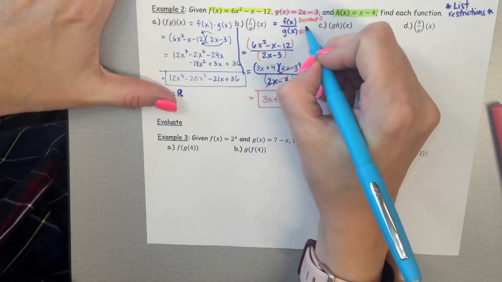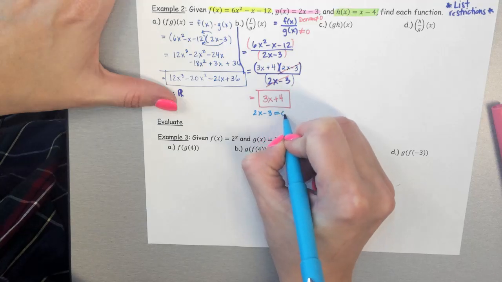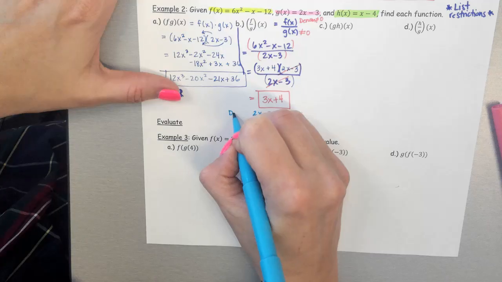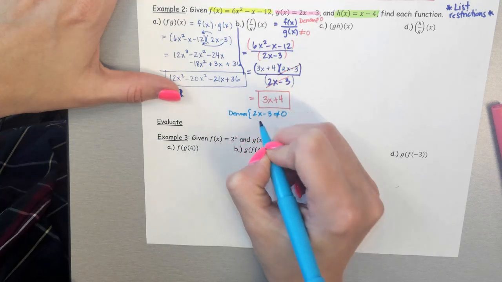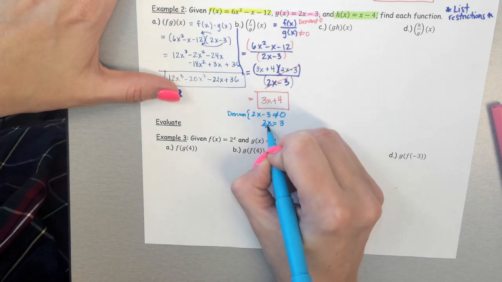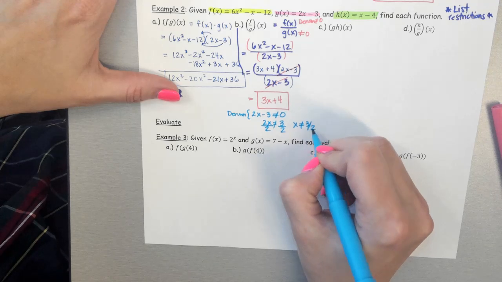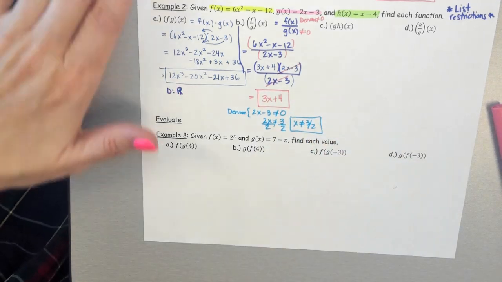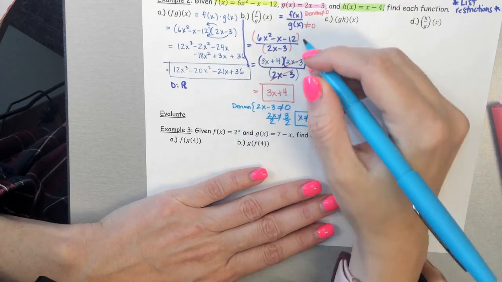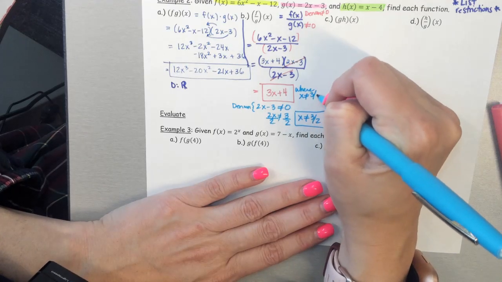So if your denominator can't equal 0, that means 2x minus 3 can't be 0. So you set that equal to 0 when you solve. So if you add 3 and divide by 2, this is going to be your restriction. So what we would say is your answer is 3x plus 4, where x cannot be 3 over 2.